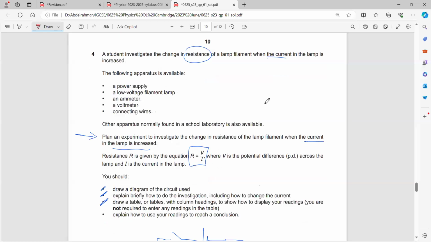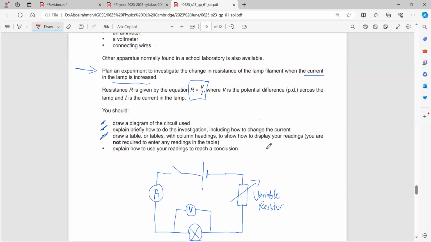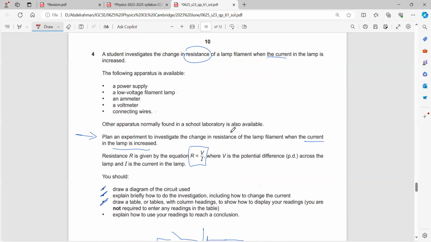Again, for planning an experiment, the most important thing to read in this question is what? Plan an experiment to investigate the change in resistance of the filament lamp when the current is increased. What will you measure? You will measure the change in resistance.